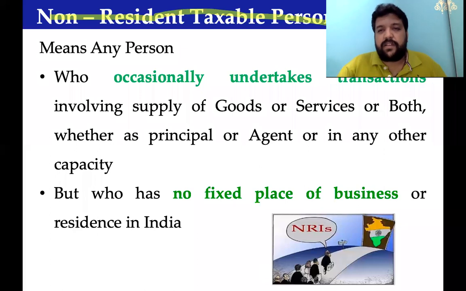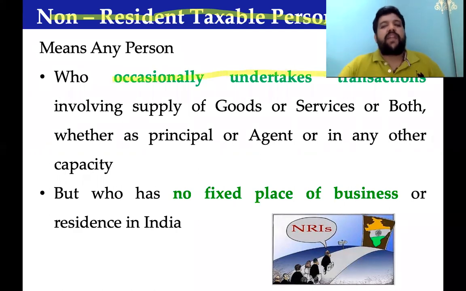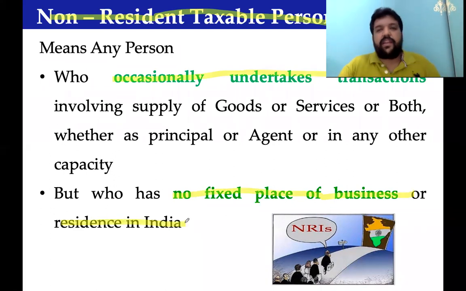Non-resident taxable person means any person who occasionally undertakes transactions which involve supply of goods or services or both, whether as a principal, agent or otherwise, who has no fixed place of business or residence in India.